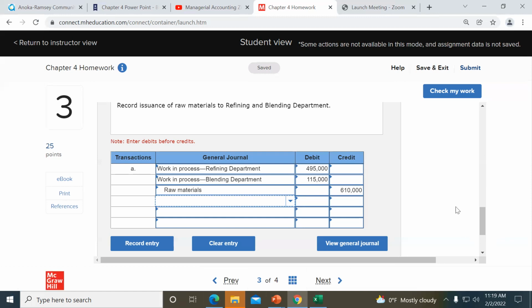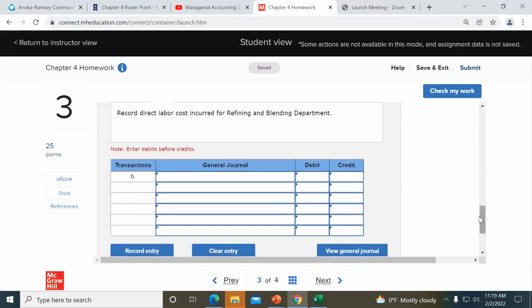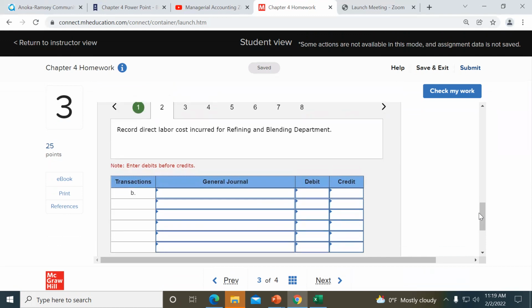I want you guys to attempt to do the next one on your own. Record the direct labor cost incurred in the refining and blending departments. Okay, what do you have there?